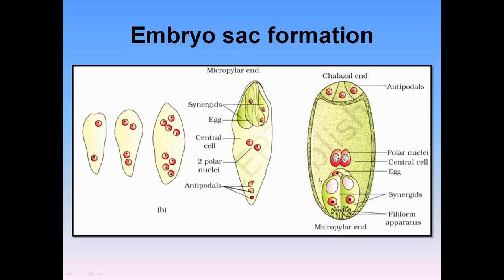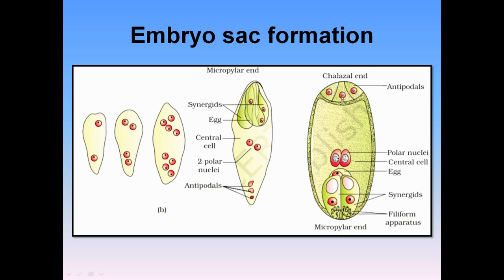first. Then you can see three nuclei are going to reside at the micropylar end, and from these three nuclei they are going to form separate walls, forming synergid cells along with the egg cell. And the egg cell is quite crucial from the point of view of fertilization in angiosperms.